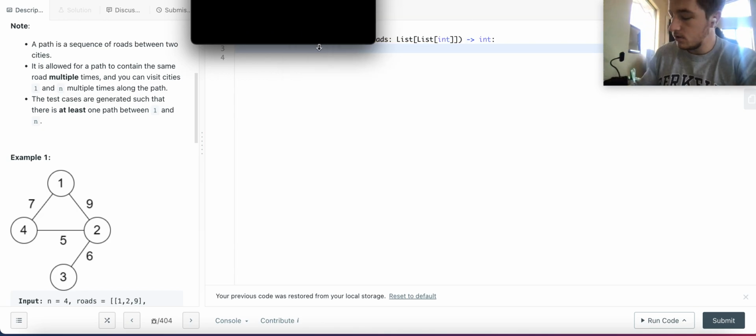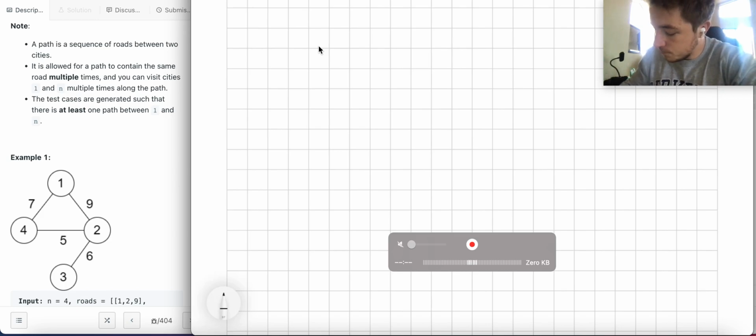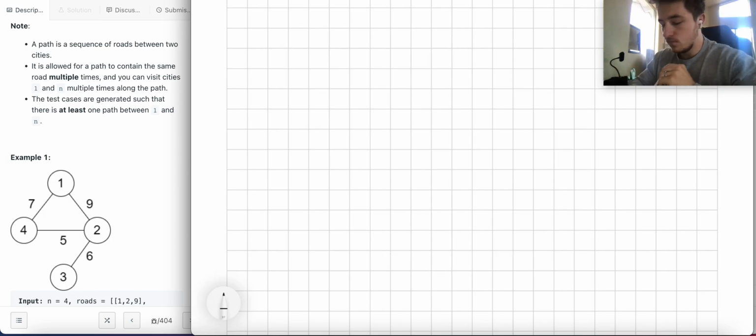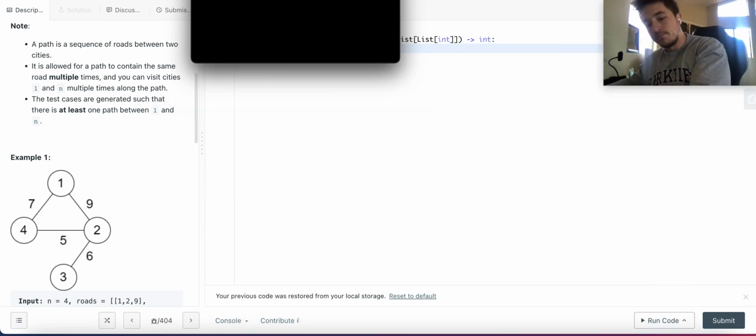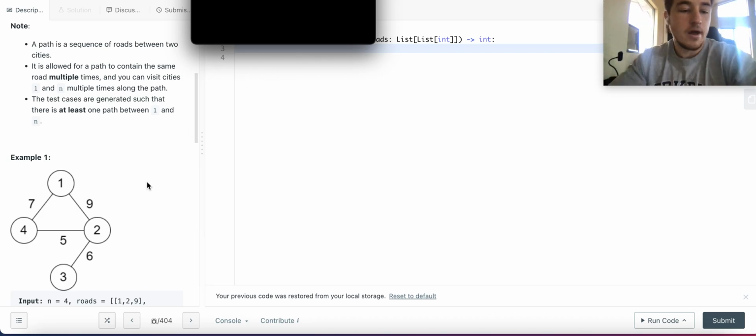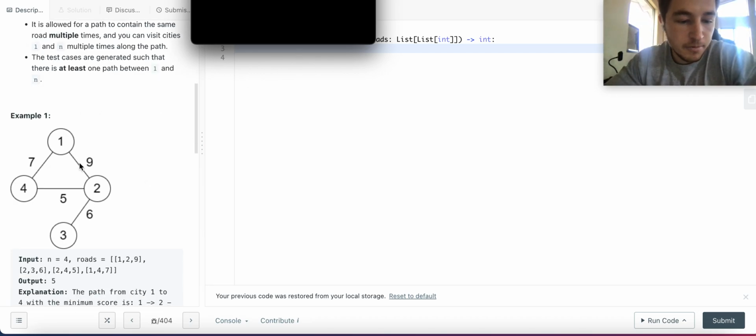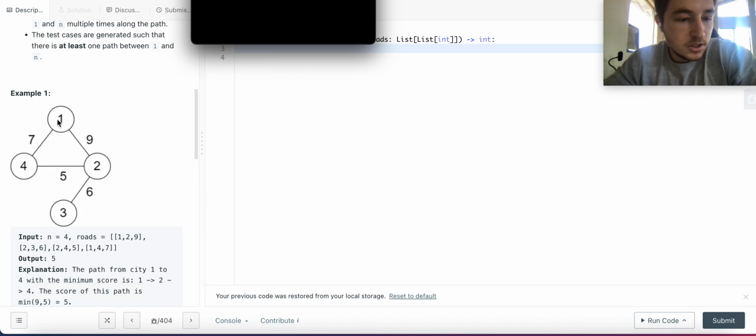All right, so let's imagine that you had a path, source, destination here. We'll just start here. To go from 1 to n, you start at 1, and your nth value would be 4.